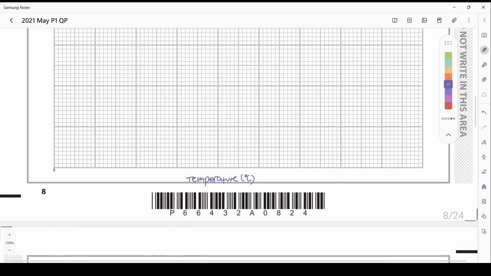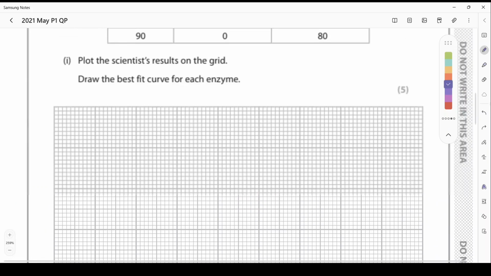And then we'd write 0 degrees, 10, 20, 30, 40, 50, 60, 70, 80, 90. Okay, make sure you include the units here as well in the axis label.